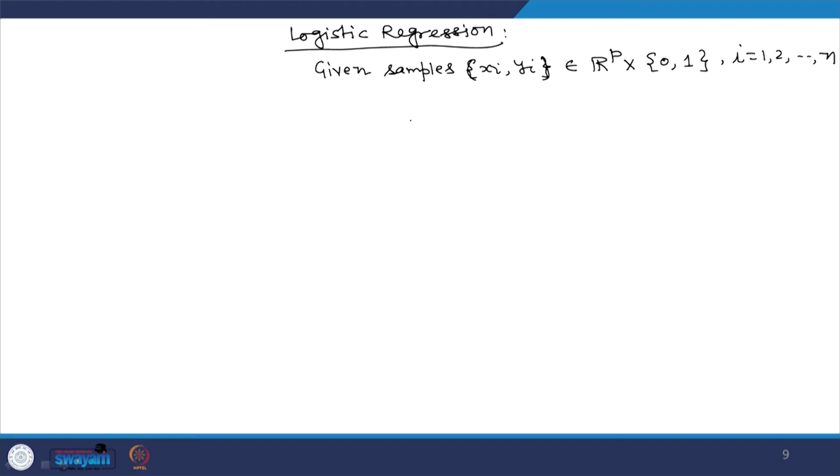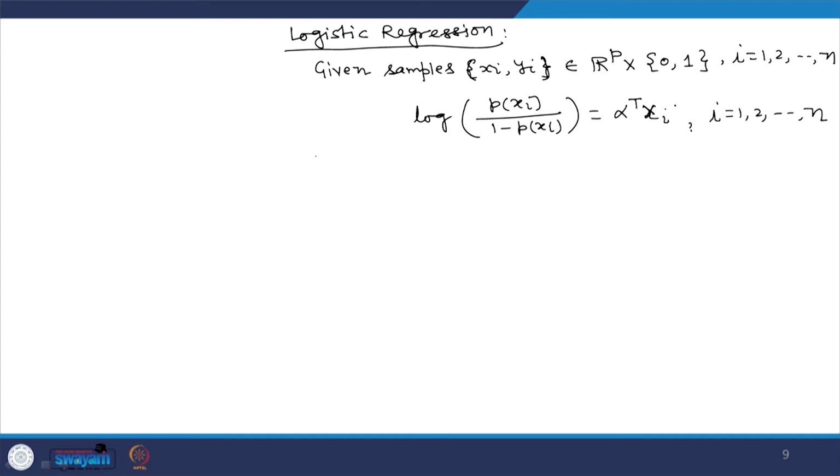Now, what do you do? My model is log of p(x_i) for a particular pattern upon 1 minus p(x_i) equals to nothing, just alpha transpose x, and when I am doing a particular pattern x_i, this x will be x_i, and that is true for i equals to 1 to n.